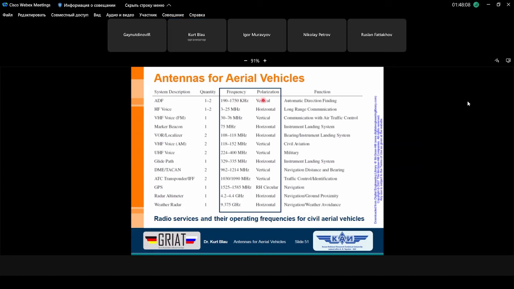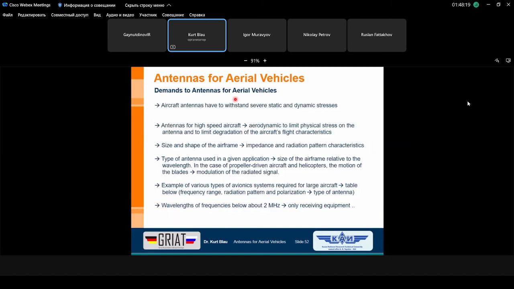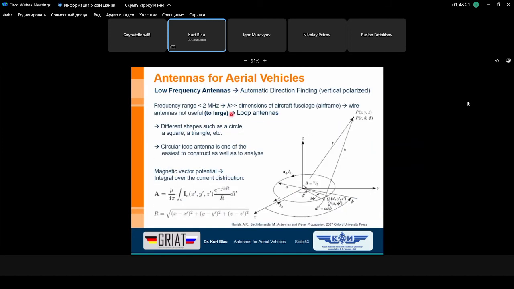And so for these very large wavelengths, I mentioned here roughly 200 meters, we need special antennas to receive such very large wavelengths or low frequencies.